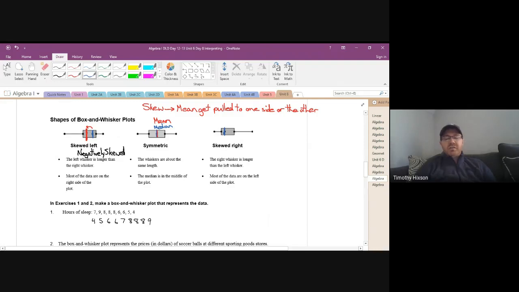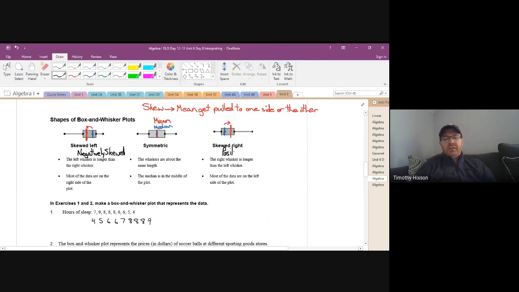Okay. Most of the data are on the left side of the plot. We have these few really high values that skew the mean in the right direction, okay, towards the right. And again, we could call this, instead of skewed to the right, we could say that it is positively skewed.